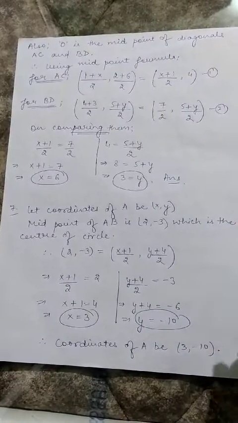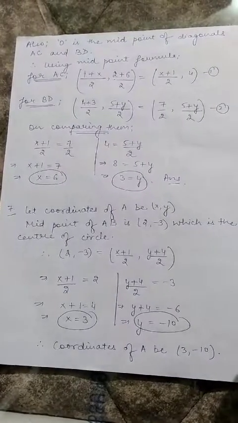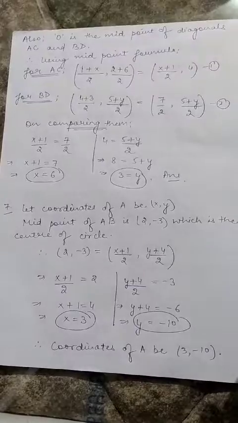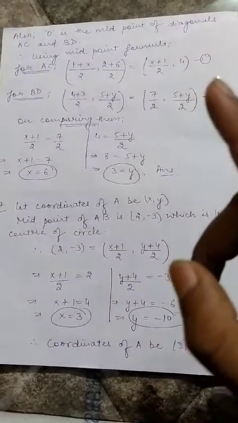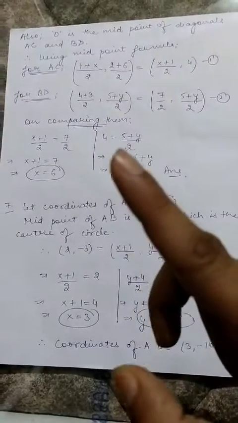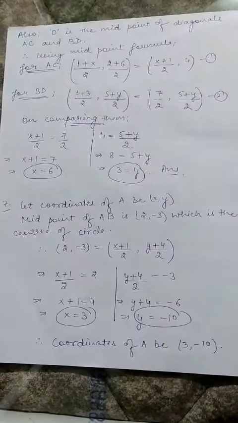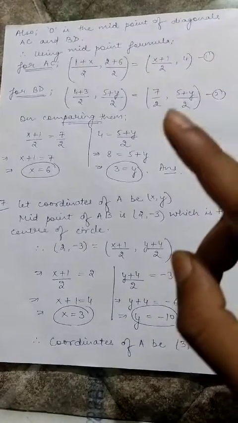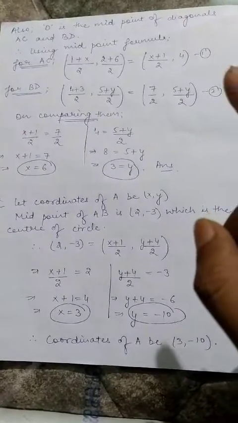So using the midpoint formula, for AC we get (1+x)/2 and the y coordinate is (2+6)/2, that is equal to ((x+1)/2, 4). This is our first equation for the AC diagonal. For the BD diagonal, it is (4+3)/2 and (5+y)/2, that is 7/2 and (5+y)/2. This is our second equation.